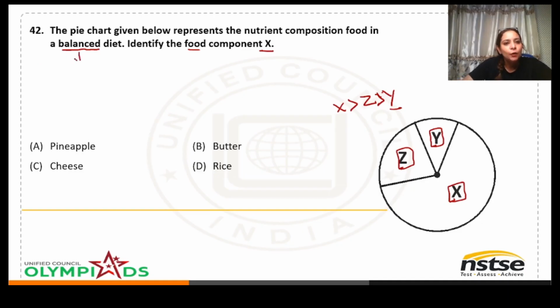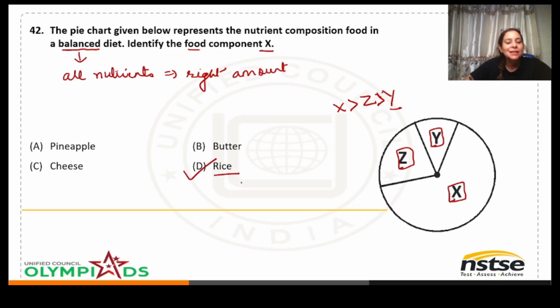So basically I hope you all know balanced diet is a diet which contains all nutrients, and these nutrients are present in right amount. A diet which contains all the nutrients in right amount. So out of this, which represents nutrient composition of food in a balanced diet would be rice, because rice belongs to that food item which contains maximum carbohydrate.